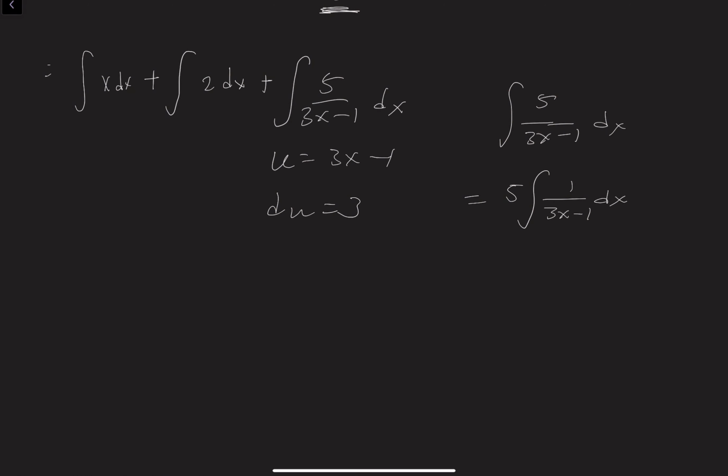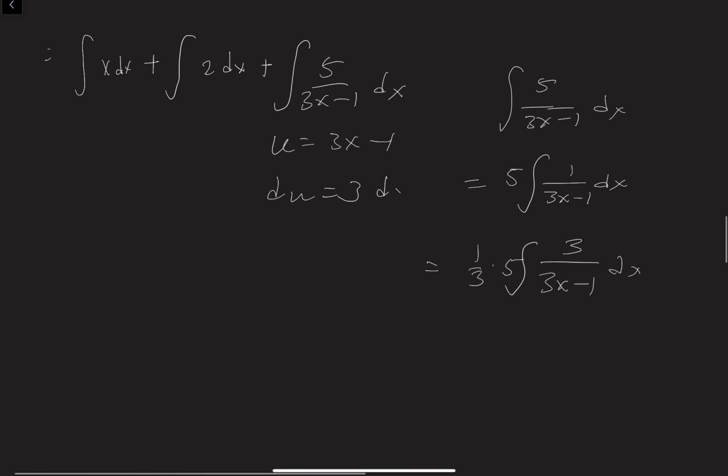Now we can put 3 in. 5 times 3 over 3x minus 1 dx. But we have a 3 here, making the equation not equal to the previous one, so we have to multiply by 1/3 outside. So now we can do the u substitution.